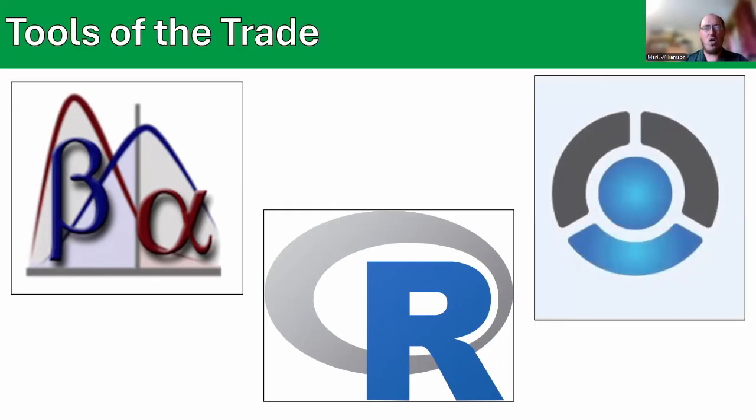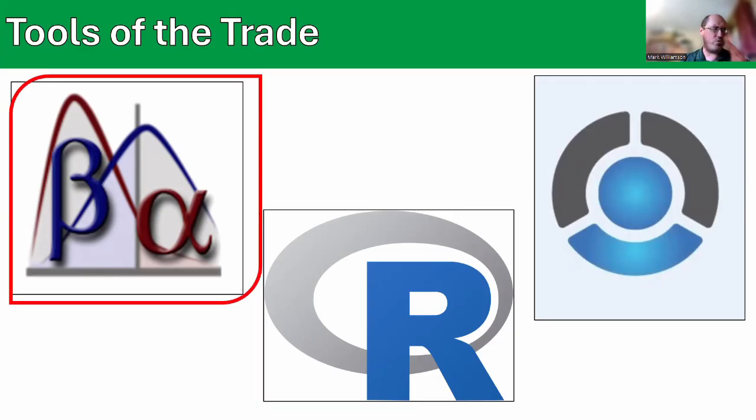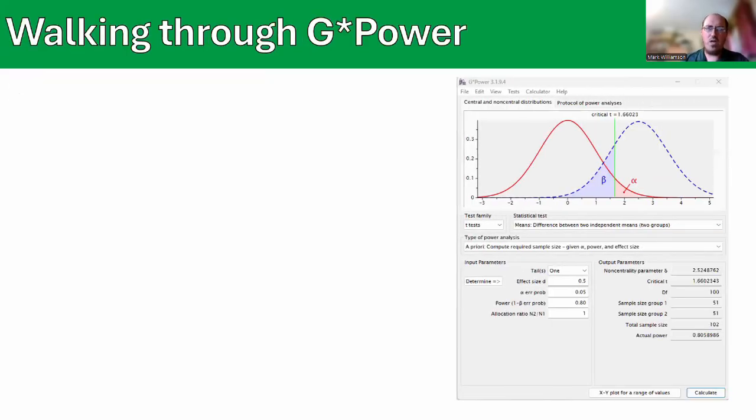There are pros and cons to all of that, but especially for this group who are maybe interested in dipping their toes in a little bit more, G-Power might be a good example because it's free. It's not always the most user friendly, but there's a manual. There are some tools, so I'll be using G-Power for the rest of this talk, but know that there are more options out there.